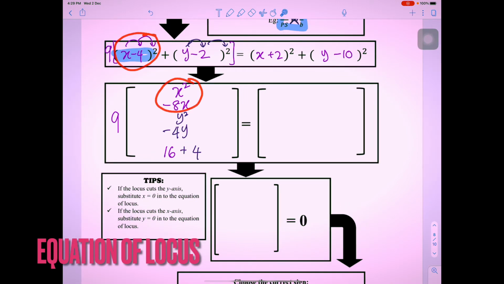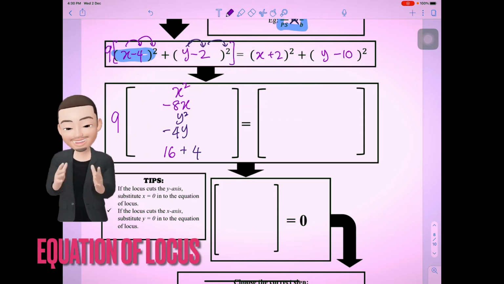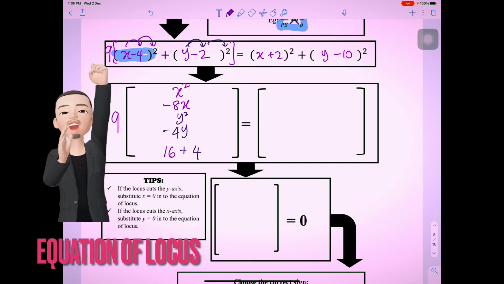Then the second bracket is done in the same way, with the same method on the other side.